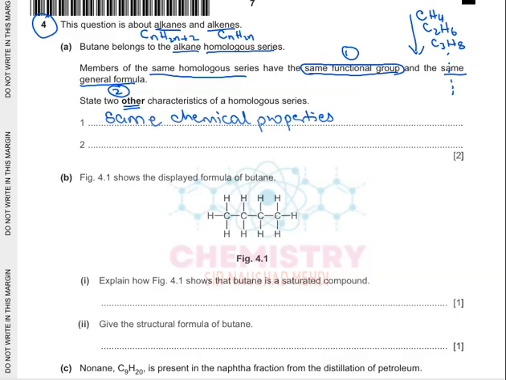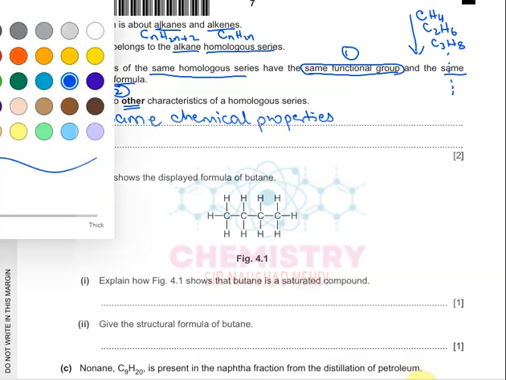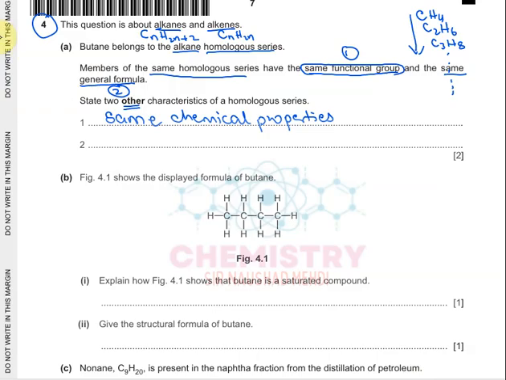Now if we talk about physical properties, physical property means melting point, boiling point, flammability and all that. The physical properties are not the same, but they show a smooth trend. For example, melting and boiling point increase down the homologous series. Similarly, viscosity also increases down the homologous series.